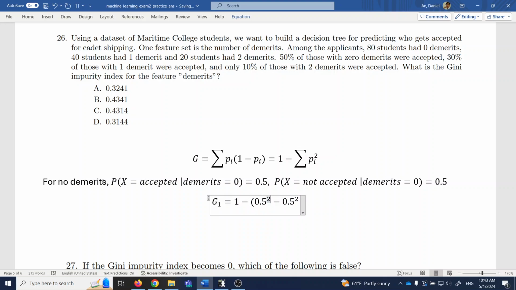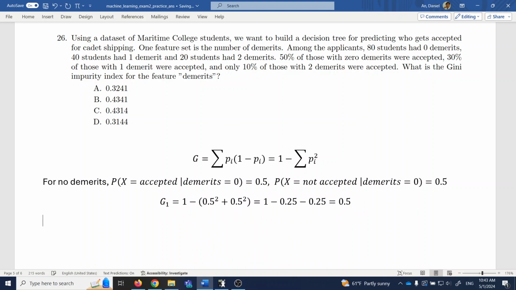Let me write it as plus, because that's what the formula says. You're supposed to do 1 minus the squares. That's 1 minus 0.25 minus 0.25, which is 0.5. So that's the Gini index for the first case.